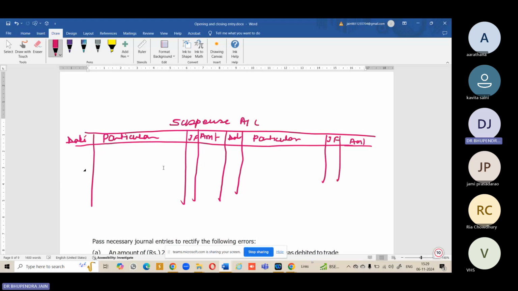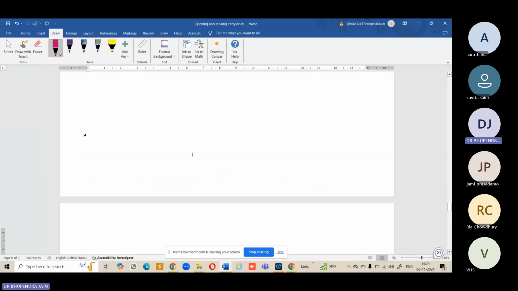Since there is a mismatch of rupees 1,700 on the credit side, we have to transfer it to the debit side as balance BD in the amount column, 1,700, and we put the date here. The date is given in the question. Now, first we pass the rectifying entry, then we will prepare the suspense account.